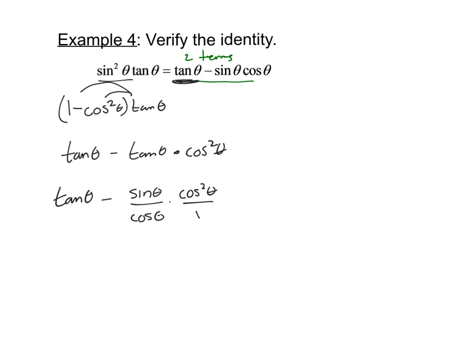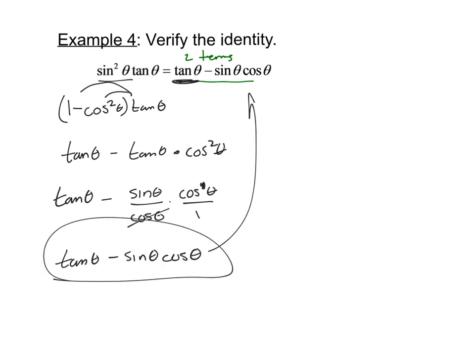So now I've got a cosine on the bottom and 2 on the top, so that cancels out. So now I've got tangent of theta minus sine theta cosine theta, which is what I want. This is not an intuitive step, but you have to realize that sometimes you have to do that. I went from one whole term to 2 terms, something I had to do there.